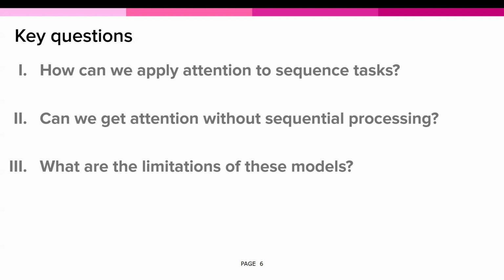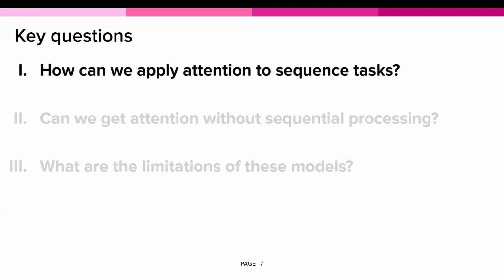Is an attention-like mechanism necessarily tied to sequential processing like recurrent neural networks? And then we're going to close out by considering some of the limitations, some of the drawbacks, and some of the ethical issues around the types of models that these mechanisms have enabled.